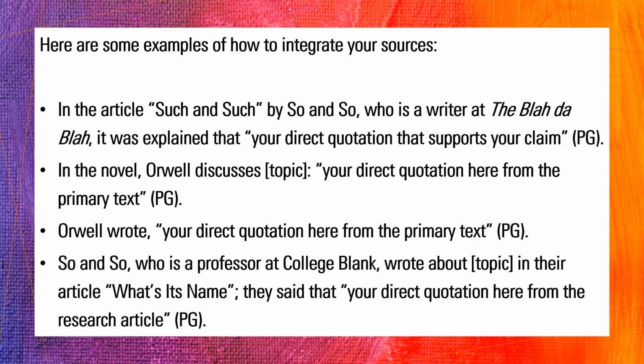Another example of how to do a signal phrase is simply Orwell wrote, and then your direct quotation followed by the page number. Finally, you can introduce the author, their credentials, and the topic all in a signal phrase as follows. So-and-so, who is a professor at college blank, wrote about topic in their article, What's Its Name? They said that, your direct quotation here from your research article, followed by the page number if there is one.